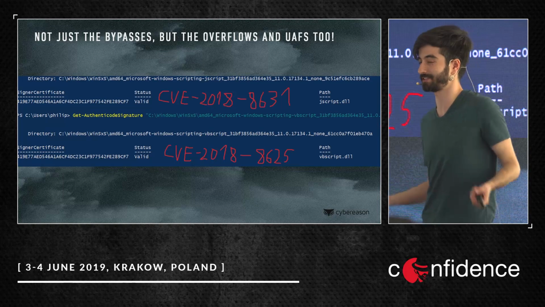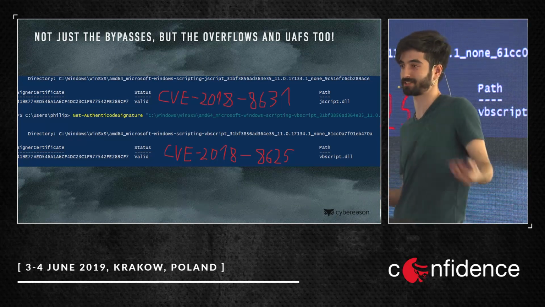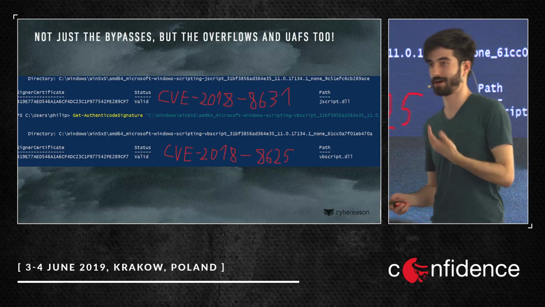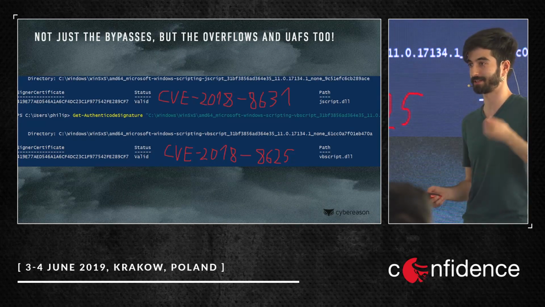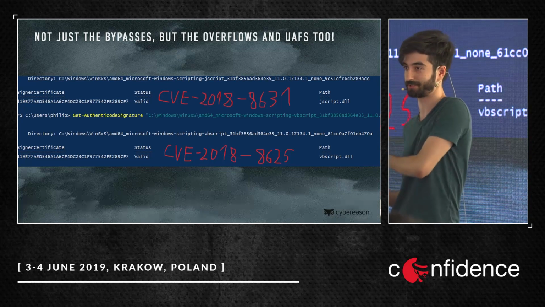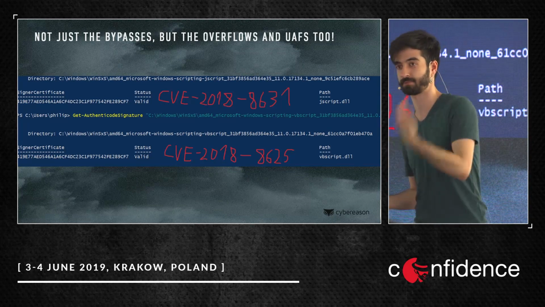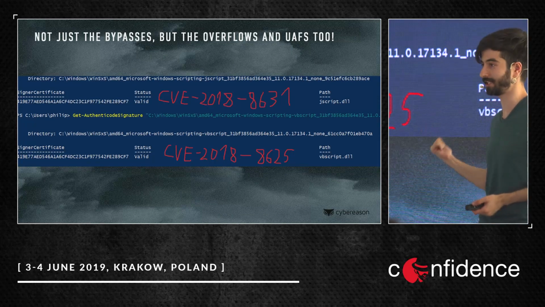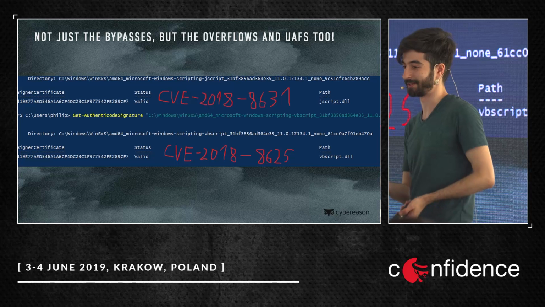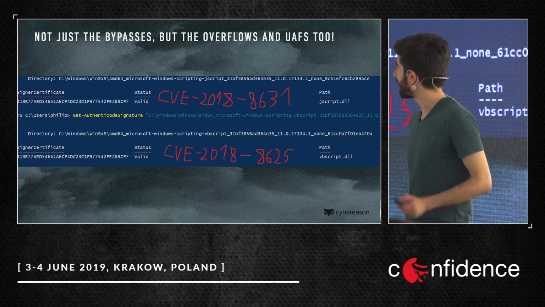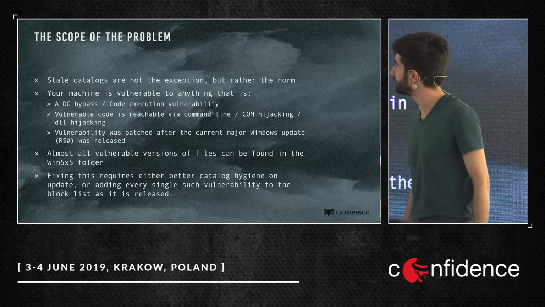I don't really care that it's not a Device Guard bypass per se, but it's not deployed in a browser or anything. But again, I'm in a post-exploitation scenario. I can choose to run that vulnerable code. I'm not trying to run anything in a higher privilege, so I could use these old patched RCEs as still viable Device Guard bypasses. And actually, the scope of this is pretty big.